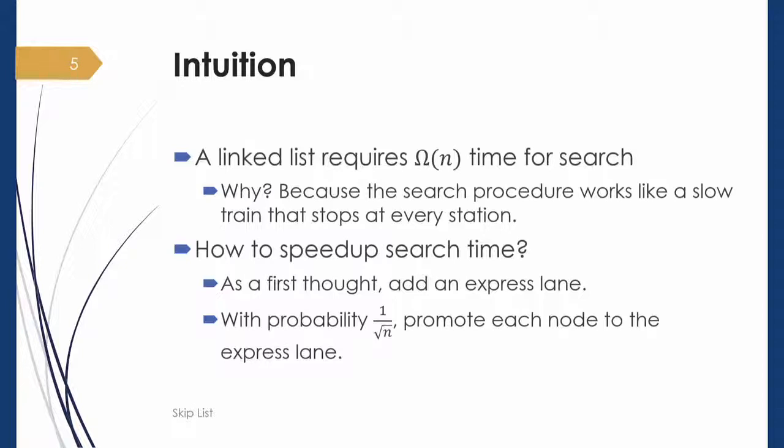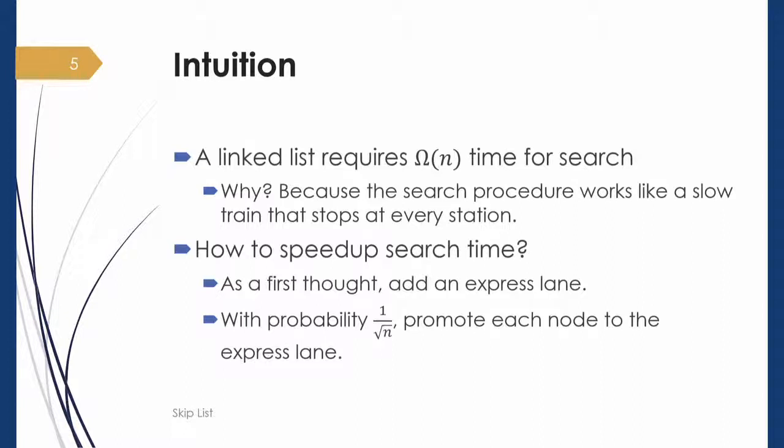The analogy would be that it is kind of like a train that has to stop at every station, and to reach a station at the very end of the track, you will have to stop at every station, and it takes a long time.